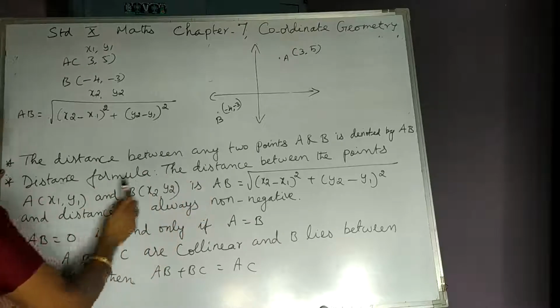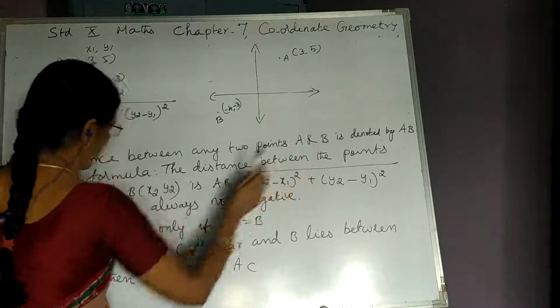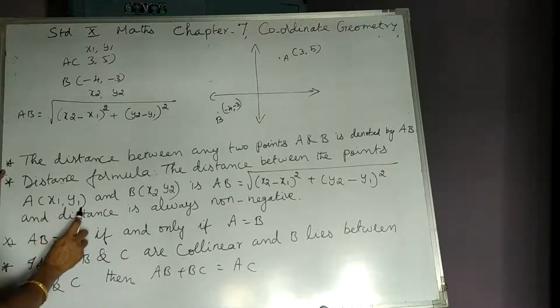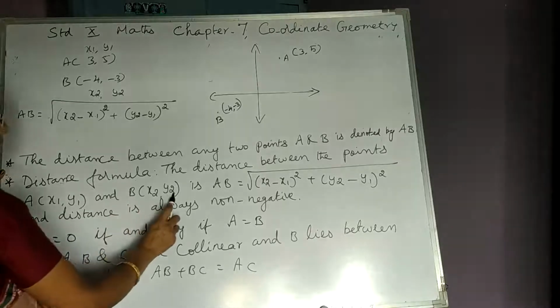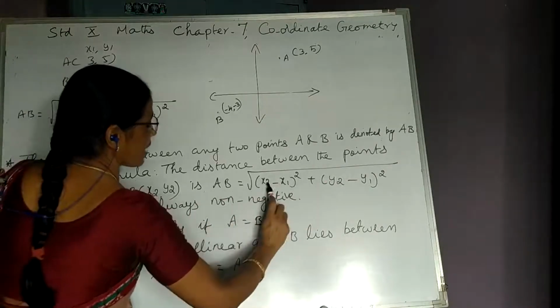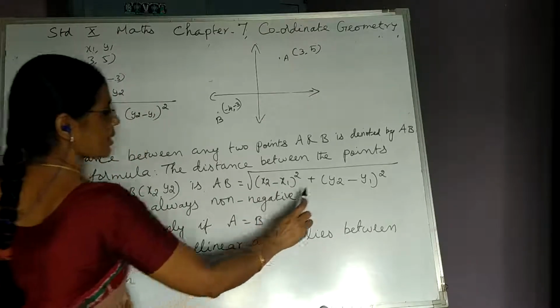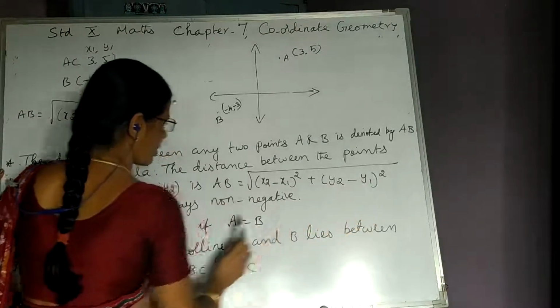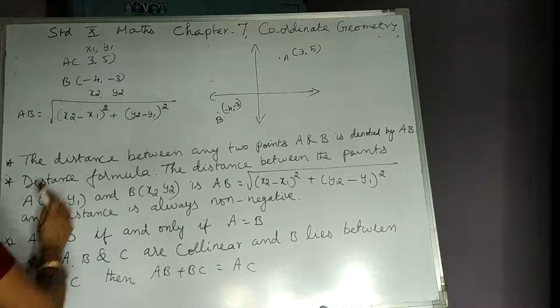So it is written here. The distance between the points A (x1, y1) and B (x2, y2) is AB equals root of x2 minus x1 the whole square plus y2 minus y1 the whole square. Hope you understood.